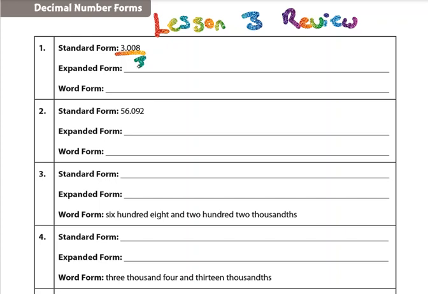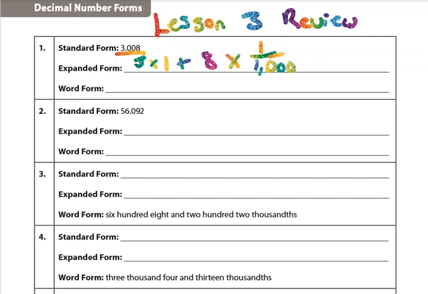I have a 3 in the ones, so I would do 3 times 1. And then I have to add, what else do I have? Well, I have a 0 in the tenths, a 0 in the hundredths, so I don't worry about that. I'm just going to add 8, but I know it's going to be 8 times 1 over 1,000. There you go. First time using the pen, so don't make fun of me.